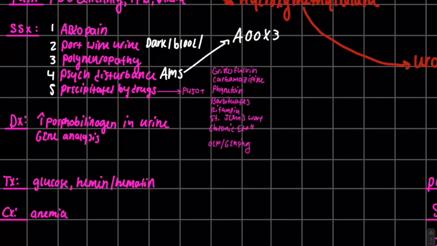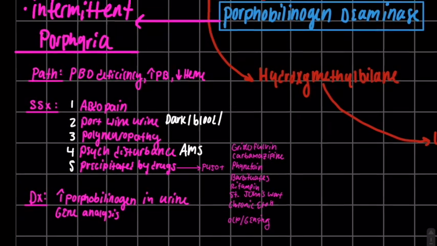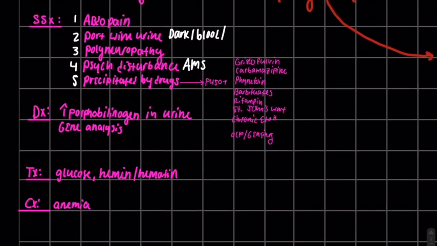We say AOx3 for alert and oriented to person, place, and time. You can say AOx4 sometimes as well if you add an extra element in there. But anyway, these patients are not going to be alert and oriented to where they are, who they are. They're going to be altered in some way, altered in personality, and this again is going to be an acute and intermittent problem.